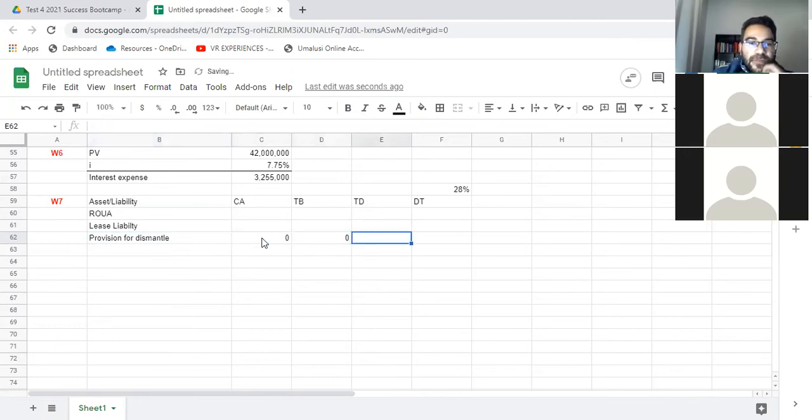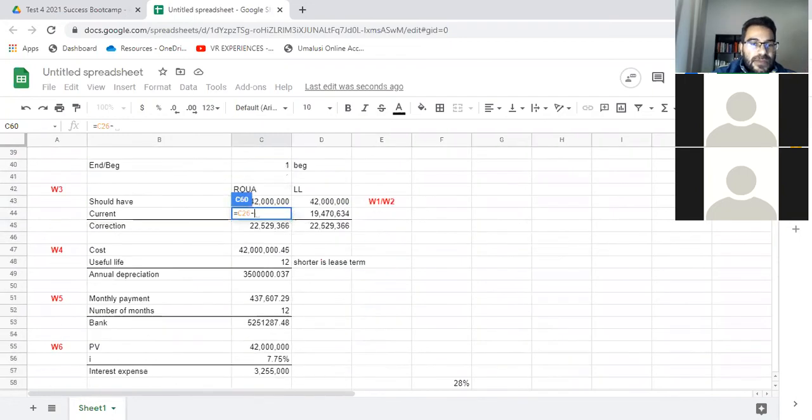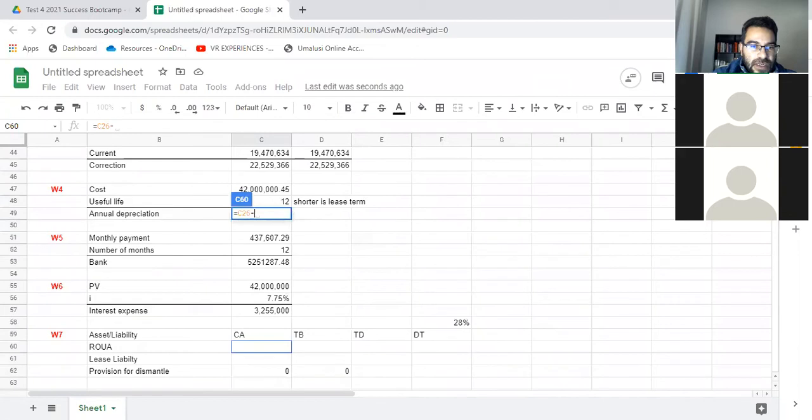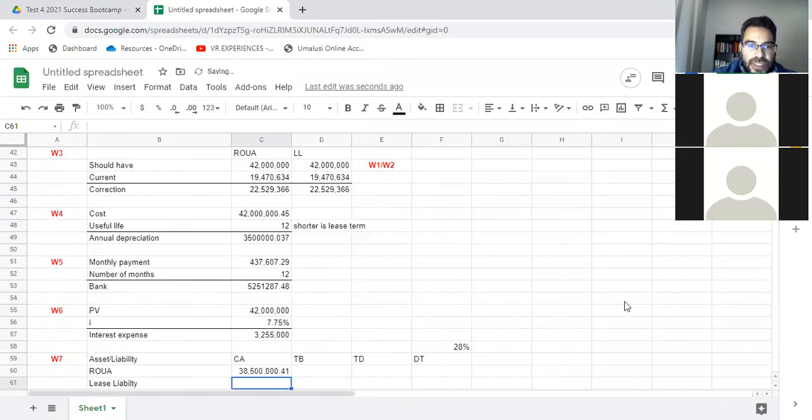Tax base is nothing. Now, the right of use asset is equal to cost minus accumulated depreciation. It's only one year out, so we can just take depreciation. So that is cost.